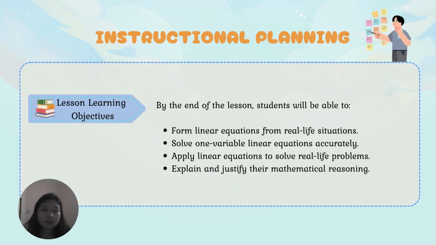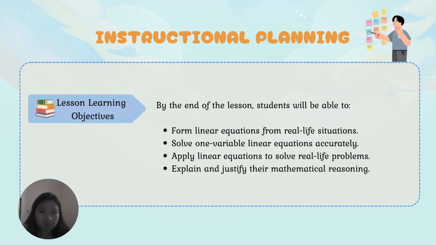Based on the DSKP learning standards previously, we developed four lesson learning objectives that students are expected to achieve by the end of the lesson. Students first will be able to form linear equations from real-life situations. Next, they will learn to solve one variable linear equations accurately by applying the correct mathematical procedure.